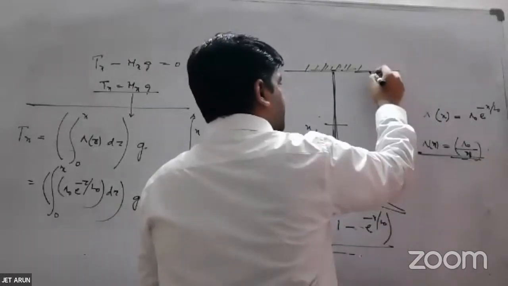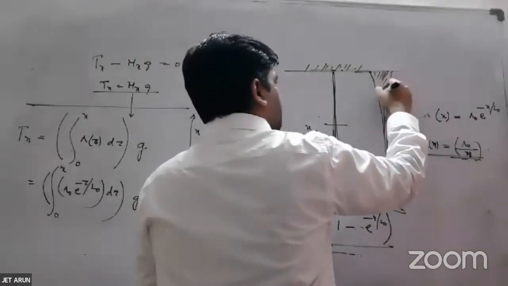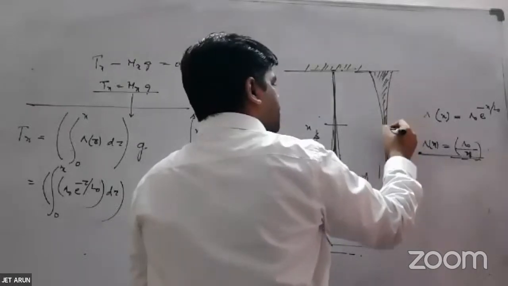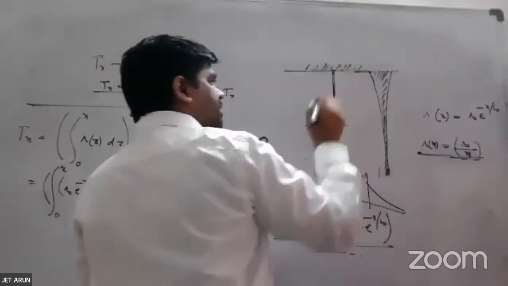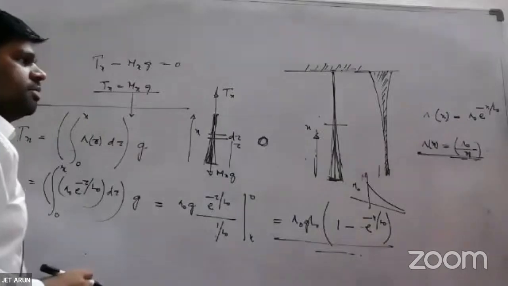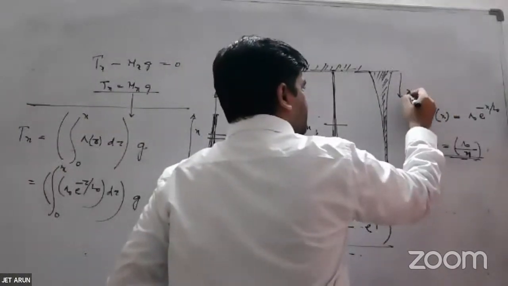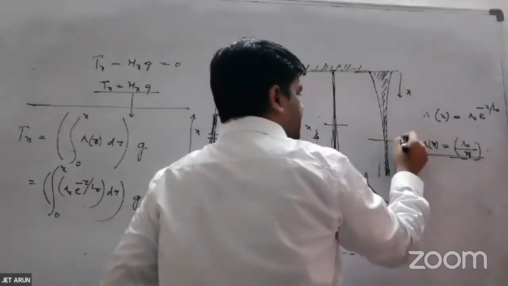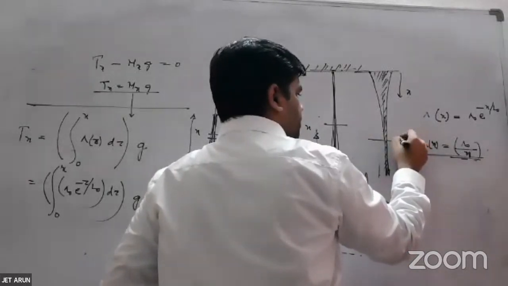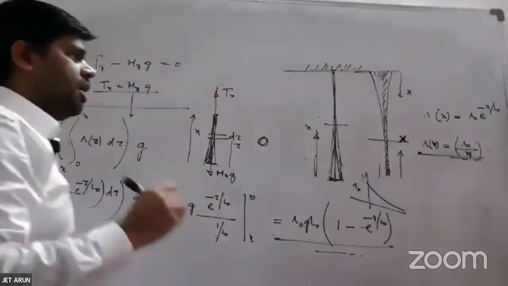All right, it's not actually thicker here. I'm just showing it thicker to show that it's denser there. So what if this is the case? My x for the lambda is varying from here, but I want tension as a function of x from here. How do I do it now?